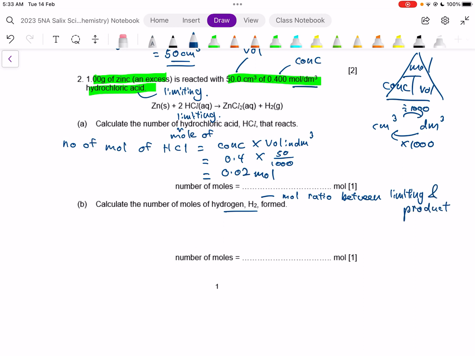So limiting is HCl, 2 HCl is to 1 hydrogen. So the number of mole of H2, you take 0.02 divided by 2, so that's 0.01 mole. So always use the limiting.